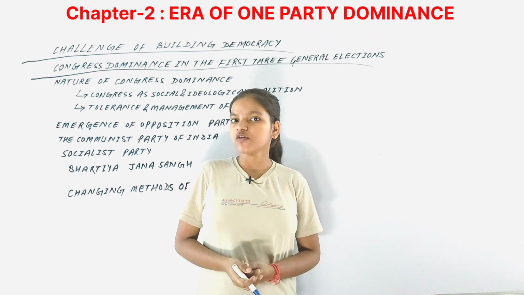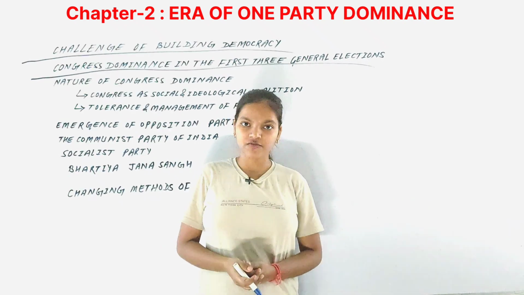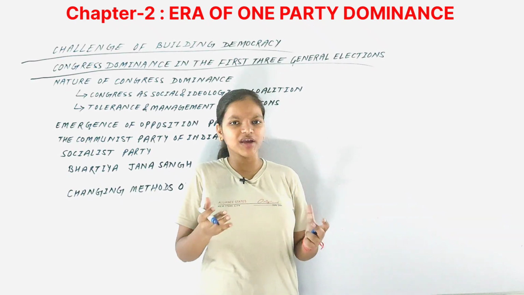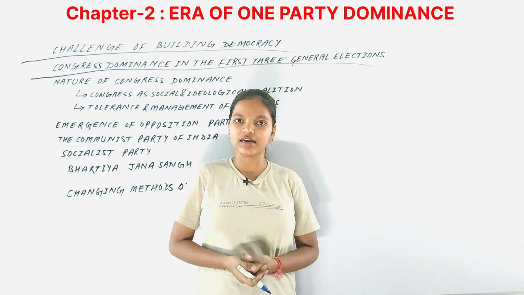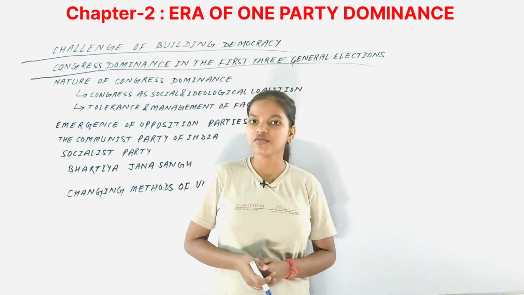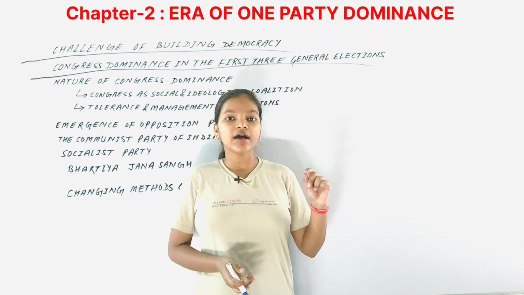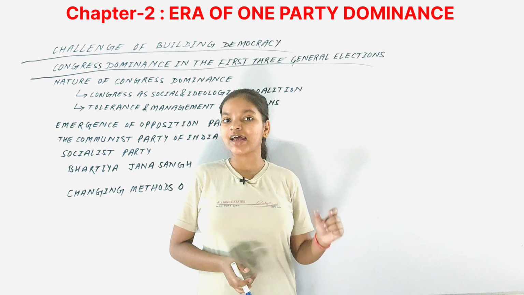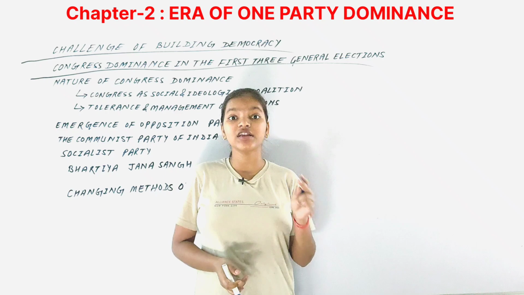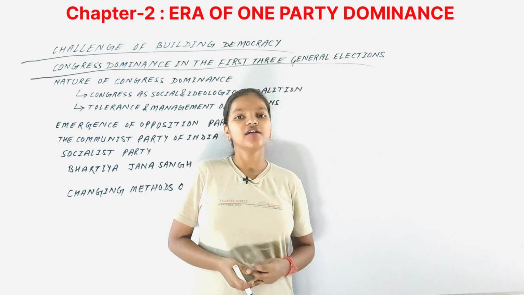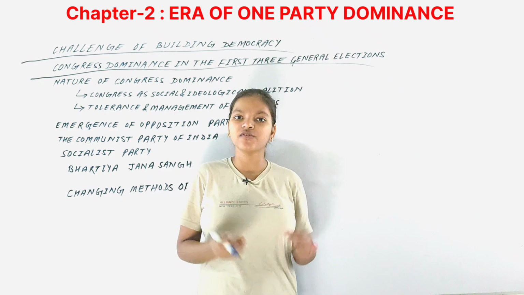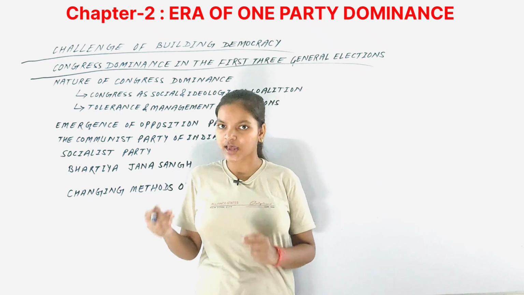Now the outcome of the first general elections in 1952 came up, and the result was as expected. The outcome was in favor of the Indian National Congress, a party which had inherited the legacy of the national movement of the country. So of course it was expected that the first general elections would be won by them.